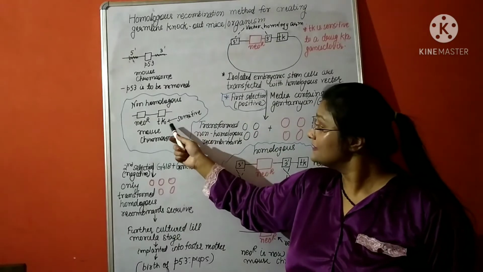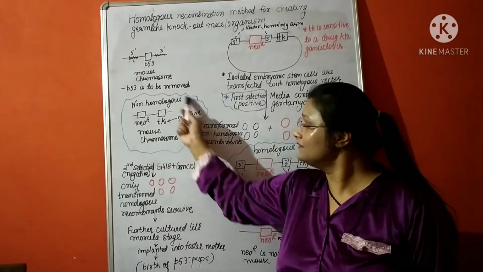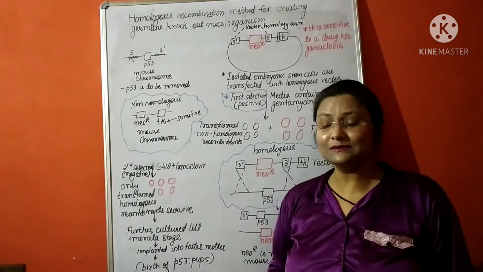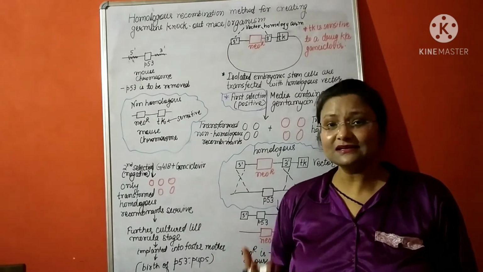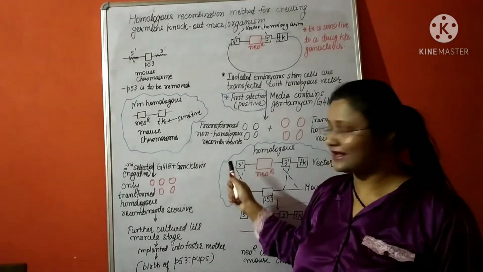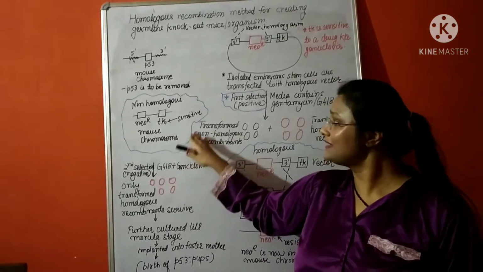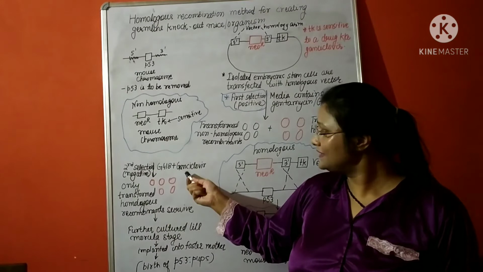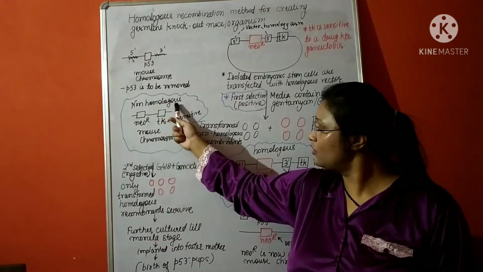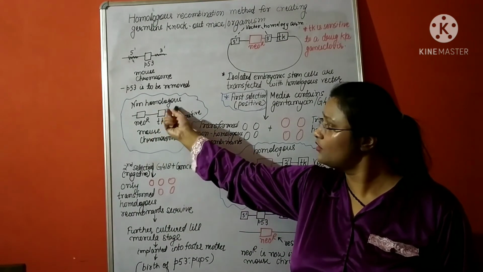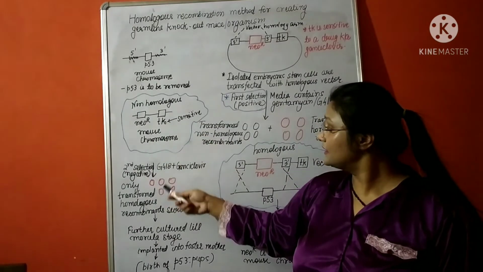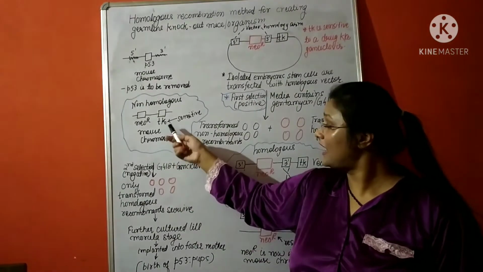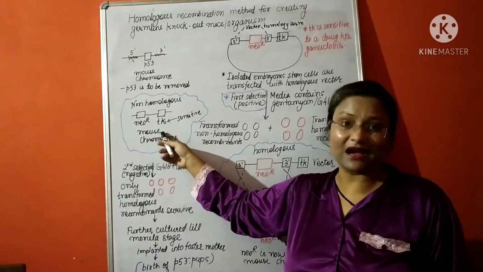And that means these cells are sensitive. Thymidine kinase is sensitive to a drug known as ganciclovir. Thymidine kinase is used for the synthesis of thymine. If we treat these non-homologous cells with ganciclovir, it will inhibit the thymidine kinase enzyme.